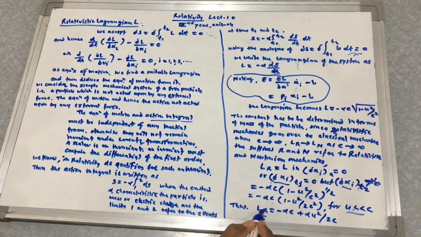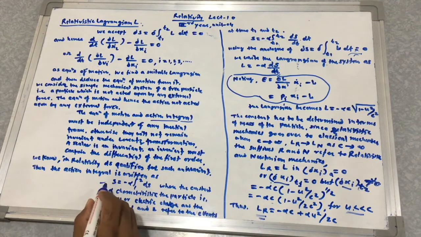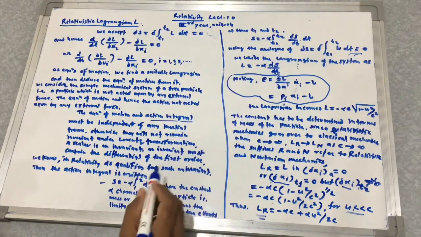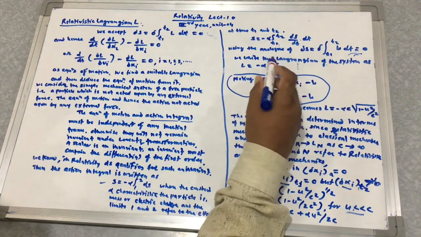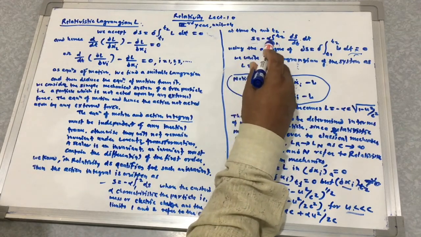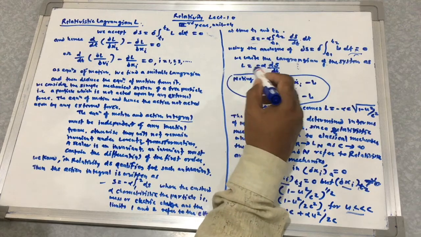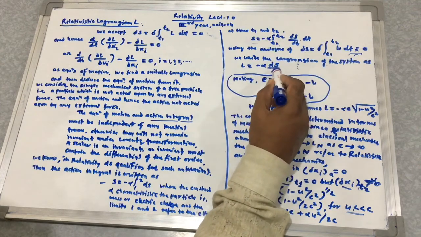To define the relativistic Lagrangian L, we have to take the help of S, the integral, and these equations. Then S is equal to this one, then we have L is equal to this one.